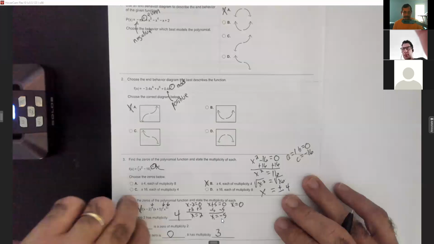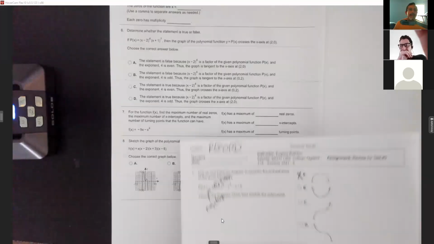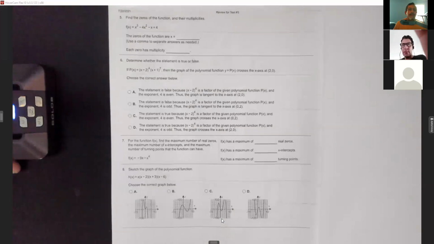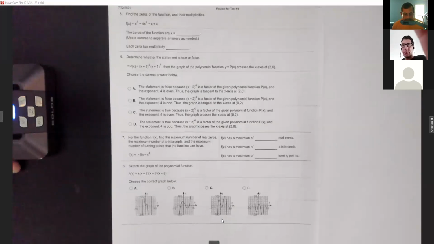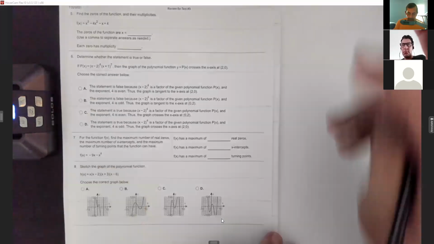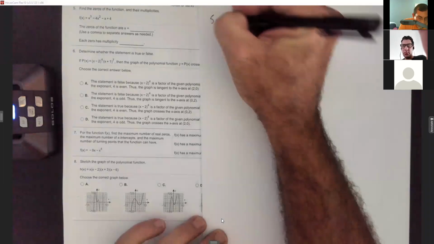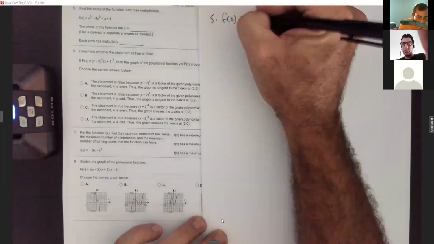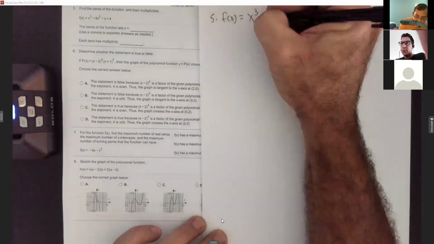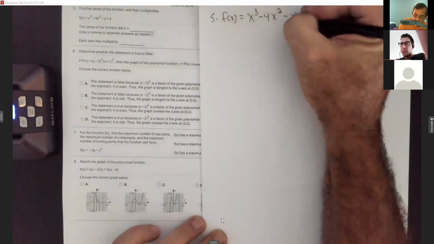All right, y'all, so that's my first 4. So let me get this moved back up. This one says find the zeros and their multiplicities. So I'm actually going to write this one down. This one was f of x equals x to the third minus 4x squared minus 4x plus 16.